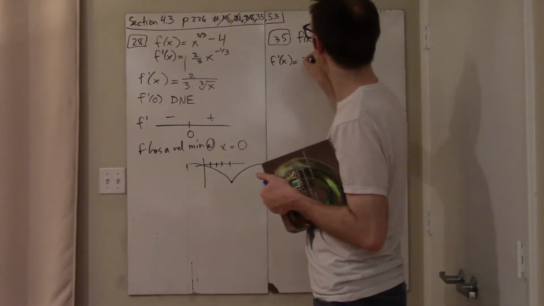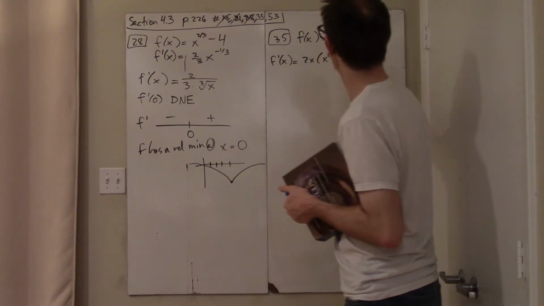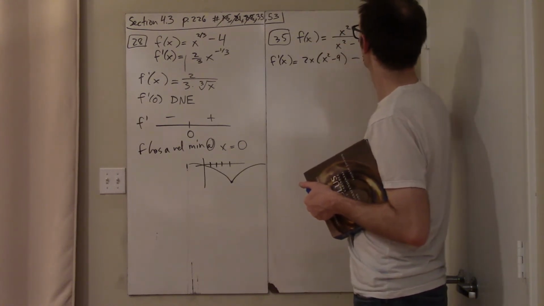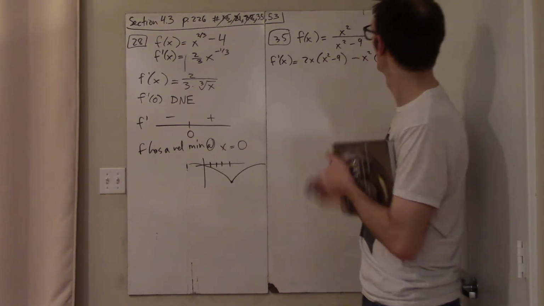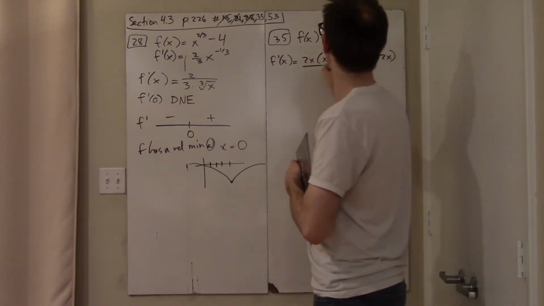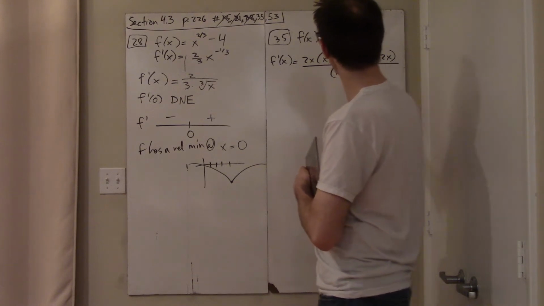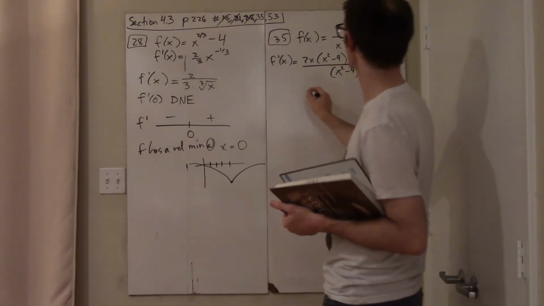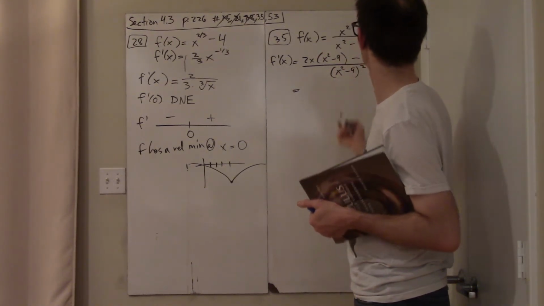This is the derivative of the top, 2x, times the bottom, minus the top times the derivative of the bottom, which is 2x, all over the bottom squared. And so it's x squared minus 9 squared. Okay, so that's a big mess. Let's simplify it so we can figure out what's going on. I'll distribute everything out.